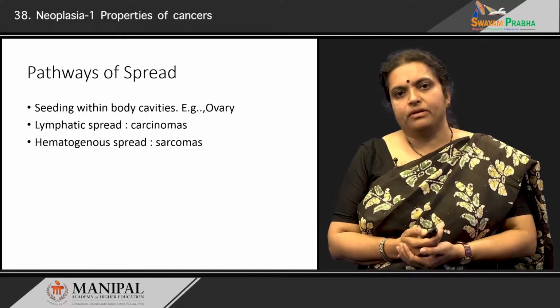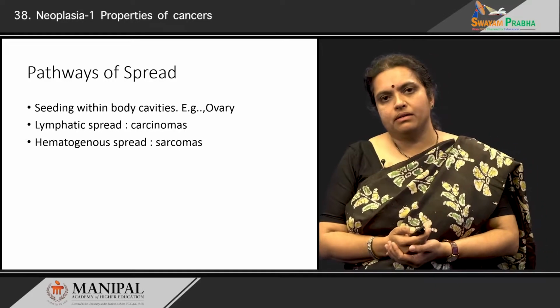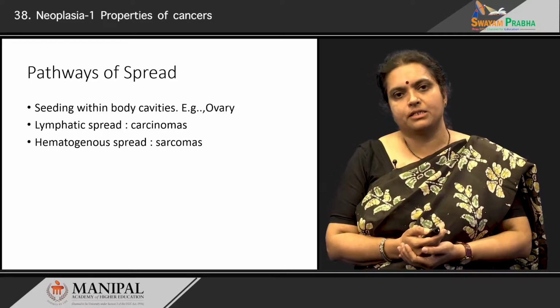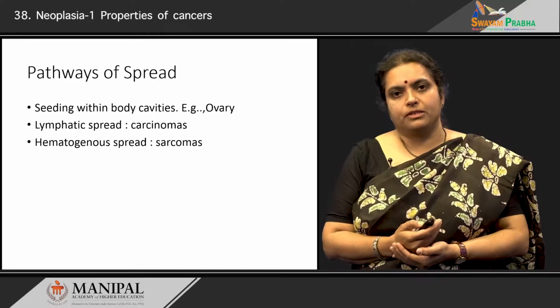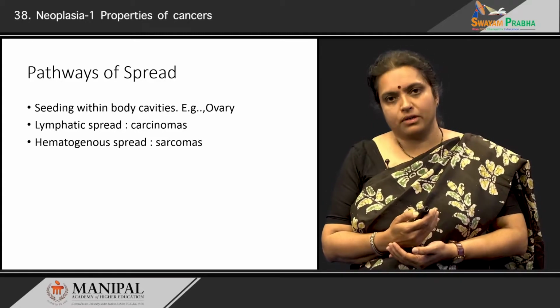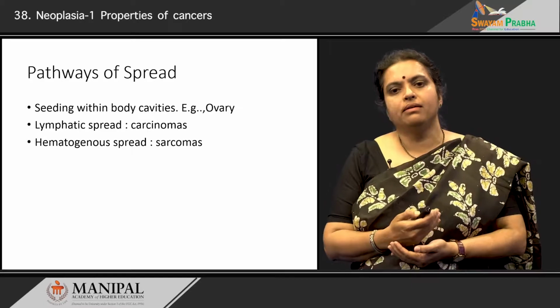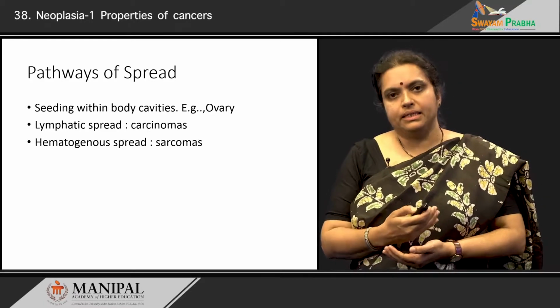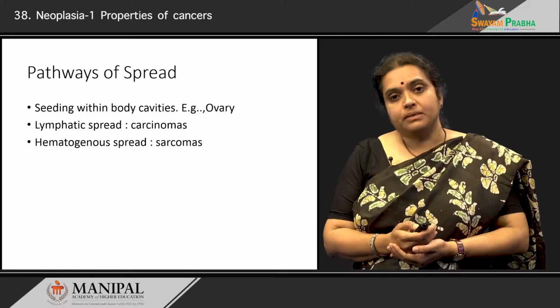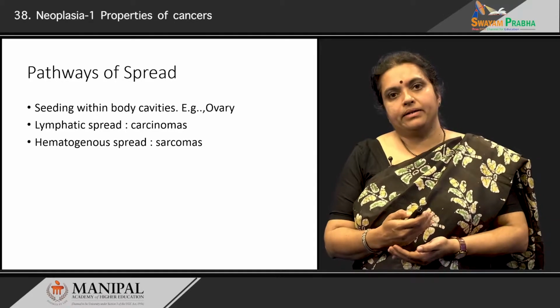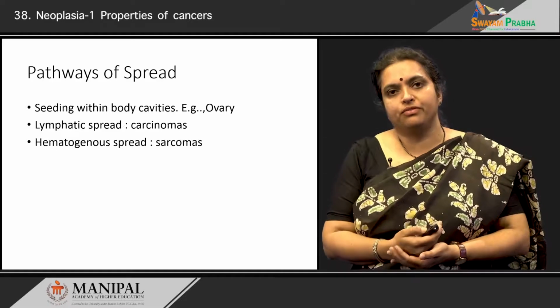The second important way is lymphatic spread. Mostly the carcinomas spread via the lymphatic route, and the first site of metastasis of carcinoma is usually the draining lymph nodes. For example, in the breast it is the axillary lymph nodes. Sometimes they skip the draining area and move on to another group of lymph nodes.